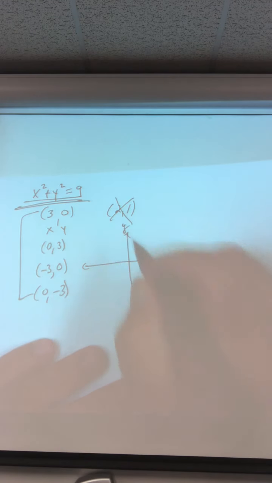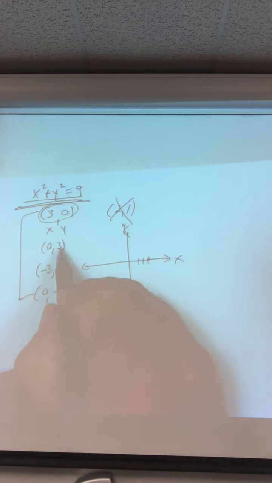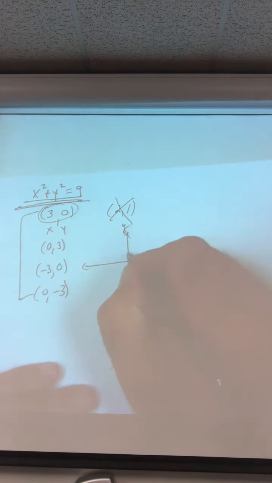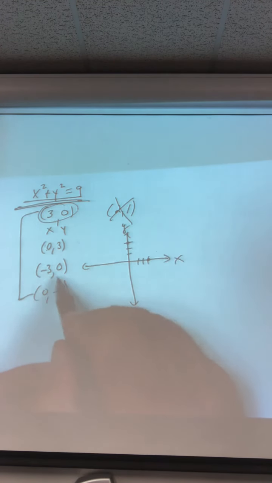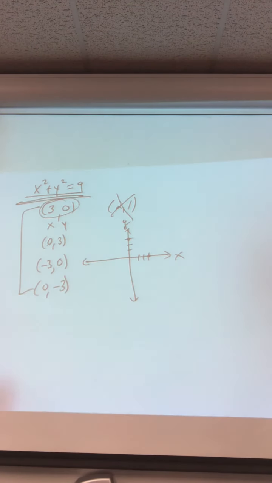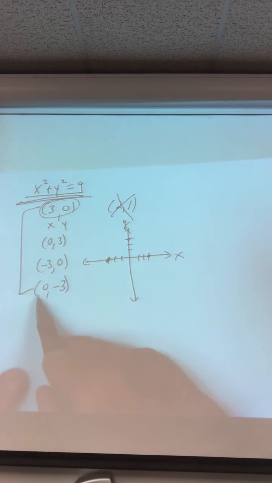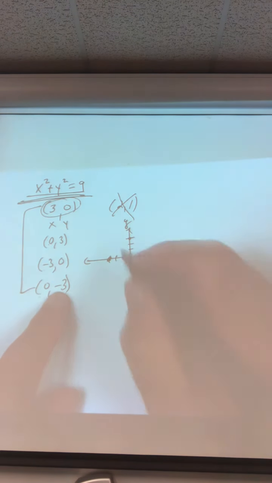This is the x, this is the y. If I plot the point 3, comma 0, that's to the right 3, and stay there. But if I plot 0, 3, that would be none left or right, up 3. Now, negative 3, 0 would be to the left 3 and stay there. And then 0, negative 3 would be none left or right, down 3.